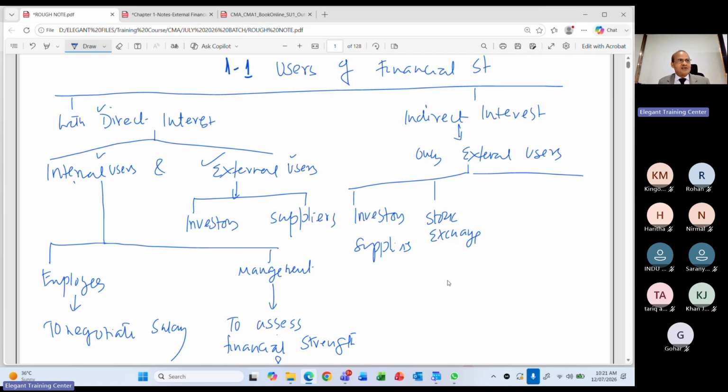So stock exchange is a place where the shares are bought and sold. The shares of public companies. MR is a public company. FAB is a public company, right? What is a public company? The shares are held by the general public.